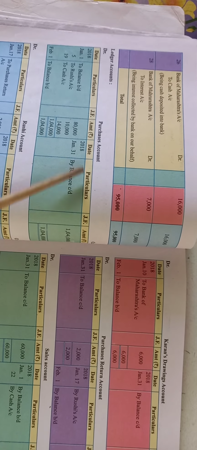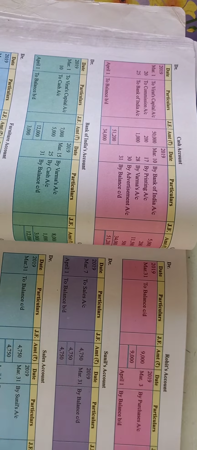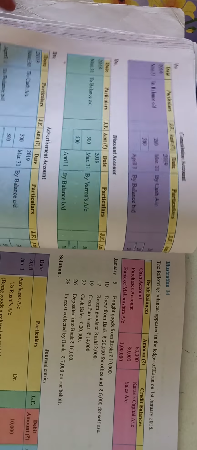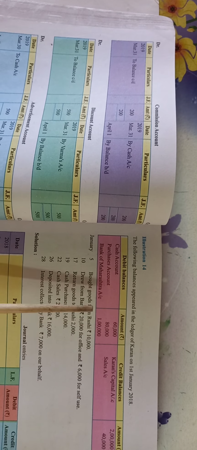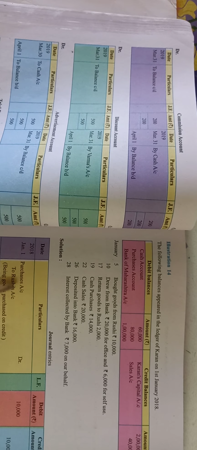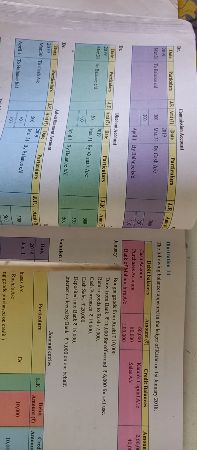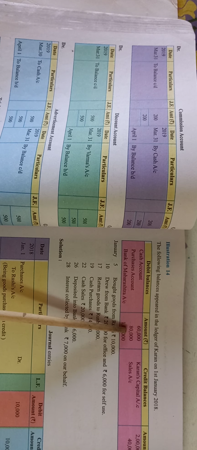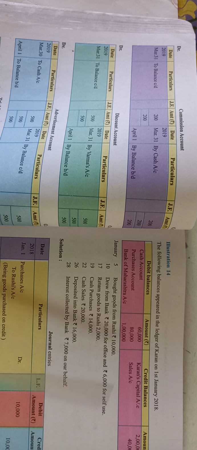First, the purchase account. In this question, debit balances are given and credit balances are given. So first we have to open the purchase account. Purchase account balance is given as 80,000. Purchase always has a debit balance.